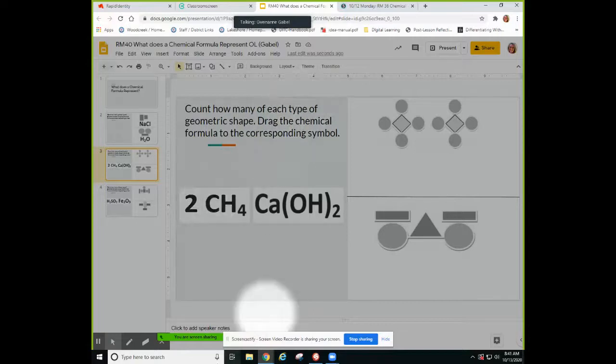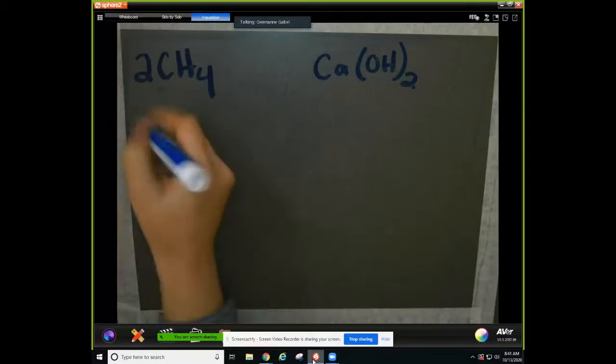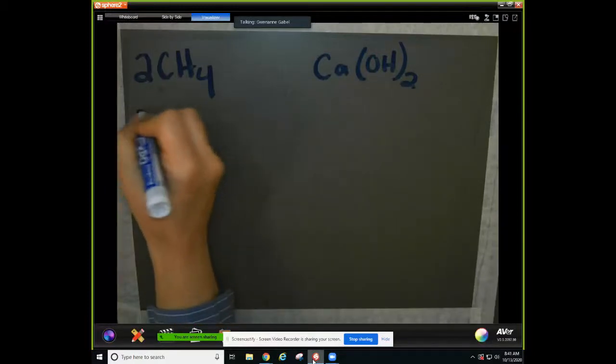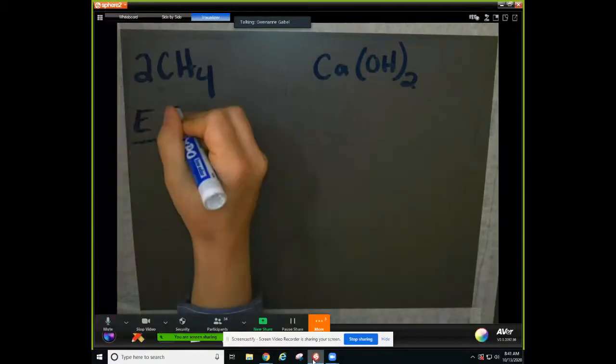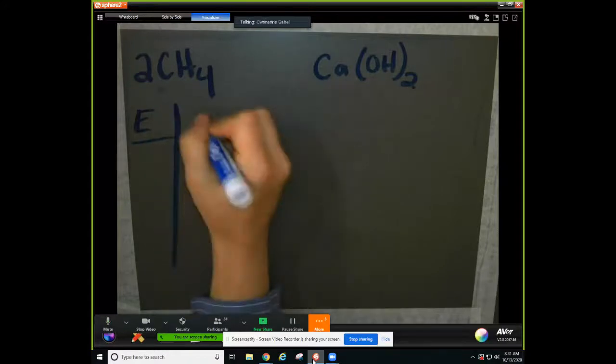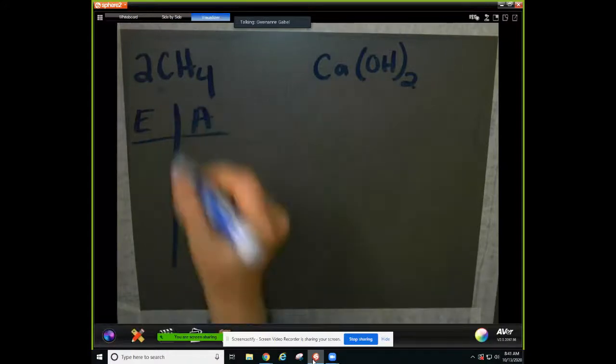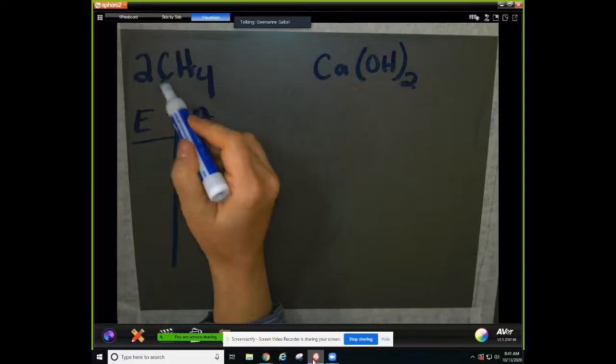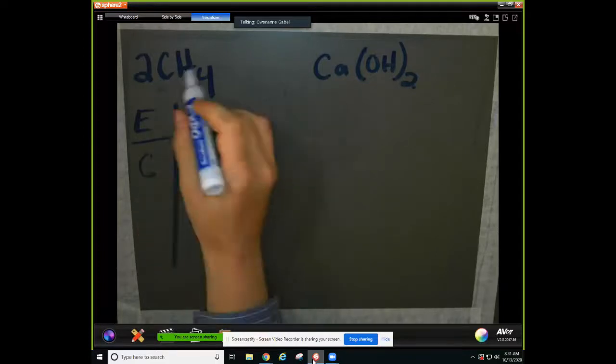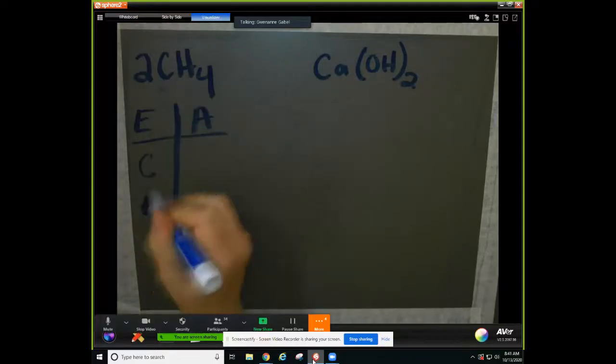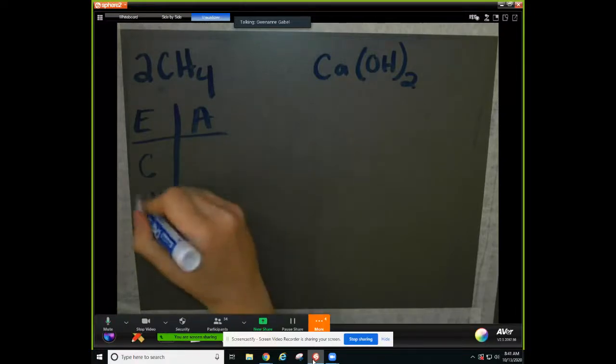So this is what we're really going to practice a lot. All right, so I'm going to make a T chart and I'm going to have elements on one side and atoms on the other. Now in this compound, I have carbon and I have hydrogen. So I have 2 elements total.